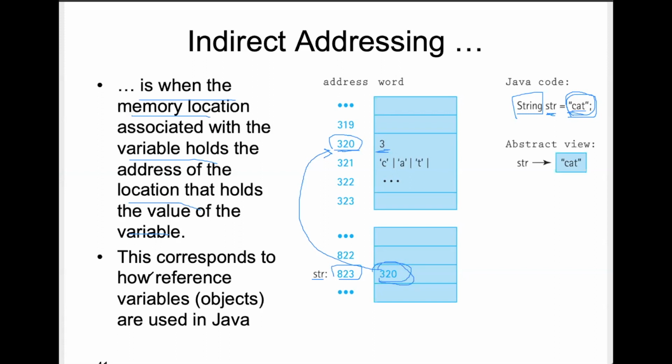So this is how you reference an object, how reference variables are used in Java. When you create a reference variable like this, what are you referencing? You're referencing this other address that holds the beginning portion of that instantiated object called cat. And this cat is of type Java class String.